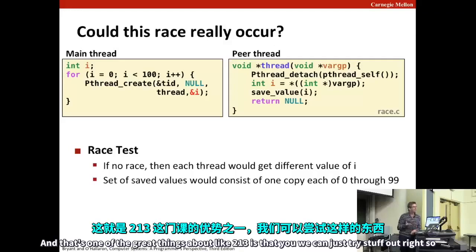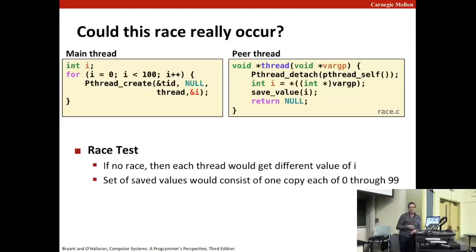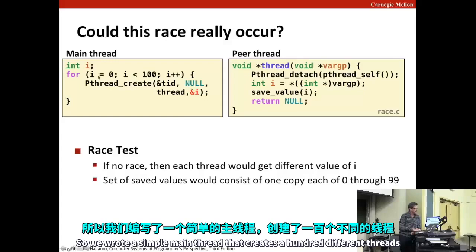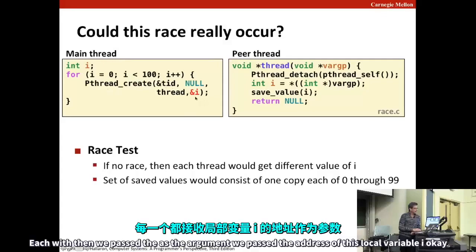That's one of the great things about 213, that we can just try stuff out, right? So we wrote a simple main thread that creates 100 different threads, and as the argument we pass the address of this local variable i. Okay.